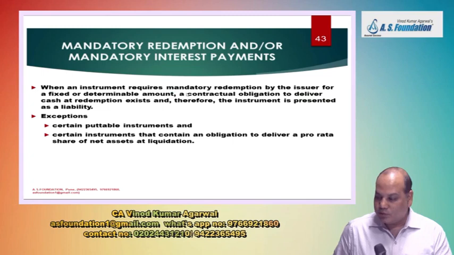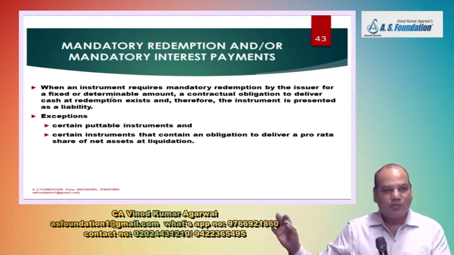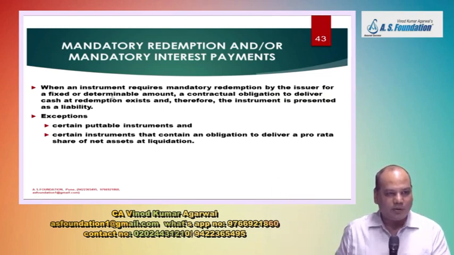When an instrument requires mandatory redemption by the issuer for a fixed or determinable amount, now underline the word determinable, fixed or determinable. Determinable can be, for example, a fixed amount plus some percentage like premium on redemption. A contractual obligation to deliver cash on redemption exists and therefore the instrument is a liability.